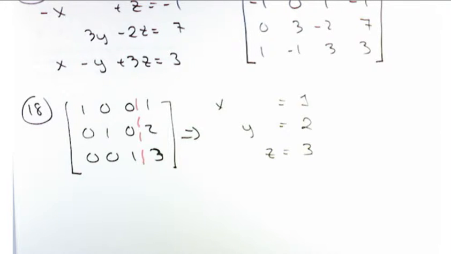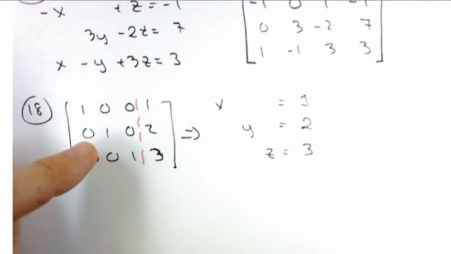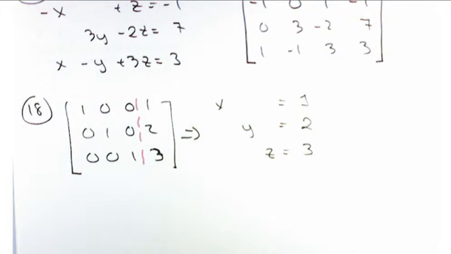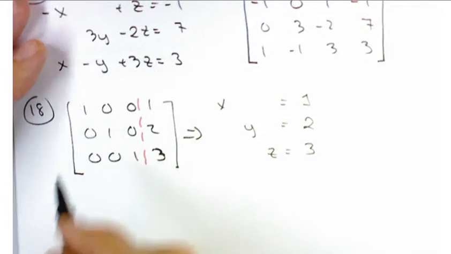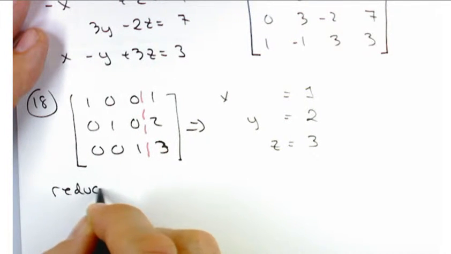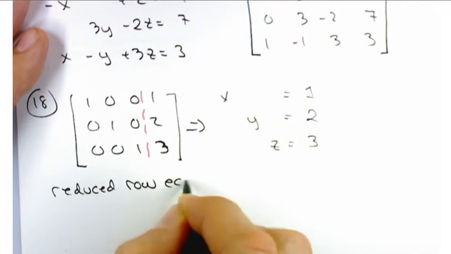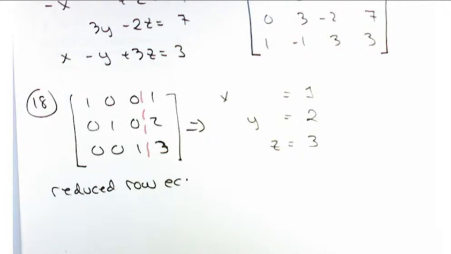So this form of an augmented matrix is about as nice as it gets. It's called reduced row echelon form. Reduced row echelon, E-C-H, that's right.